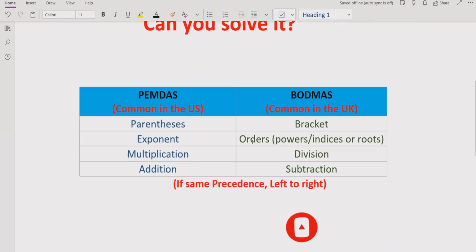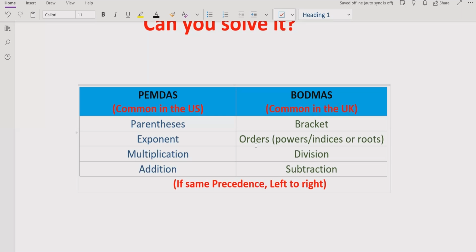Before starting the topic, we have to revise the PEMDAS and BODMAS methods. They are similar, but PEMDAS is commonly used in the USA and BODMAS is commonly used in the UK.